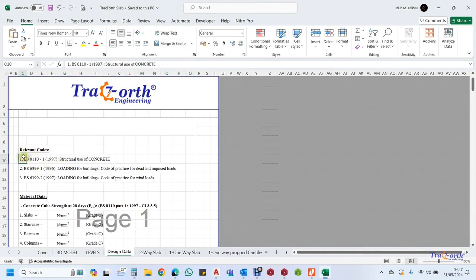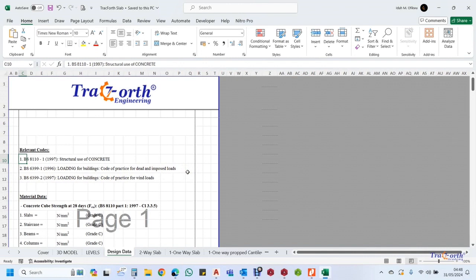So now, the relevant codes: we have BS 8110 Part 1 1997, which is structural use of concrete. Then we have BS 6399 Part 1 1996, loading for buildings, code of practice for dead and imposed loads.